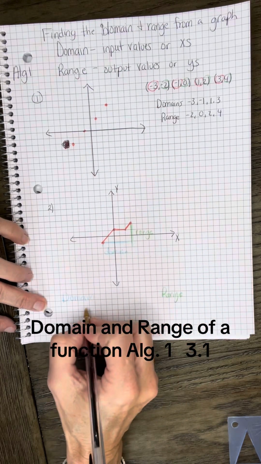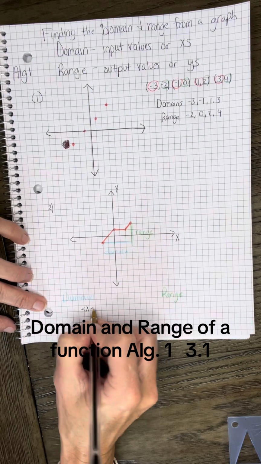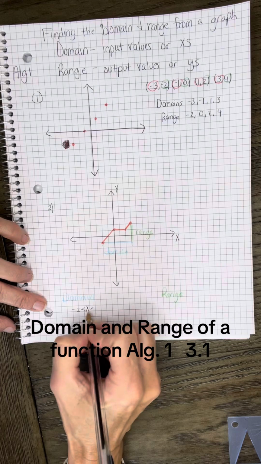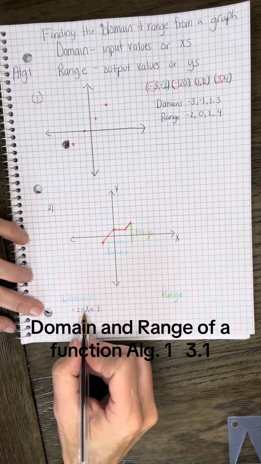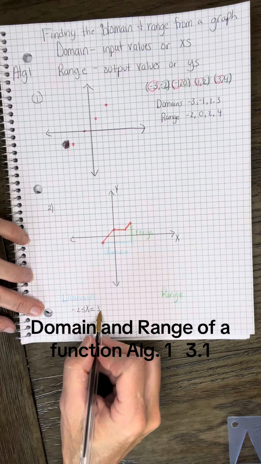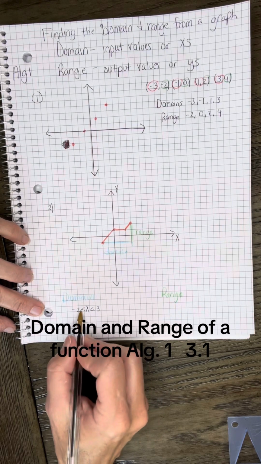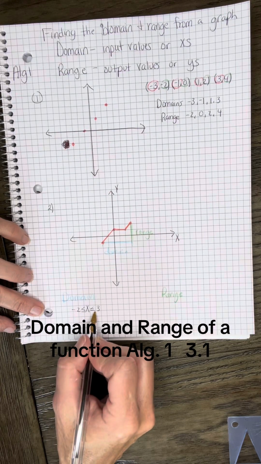So my domain, the x, will be greater than or equal to the -2, but less than or equal to the 3. I can read that as x is between -2 and 3. Remember, the smallest number goes on the left side, the biggest number goes on the right side, and these are going to be less thans, and we are going to include them, so we need the lines up under them.